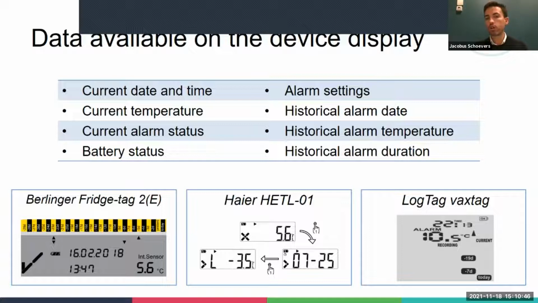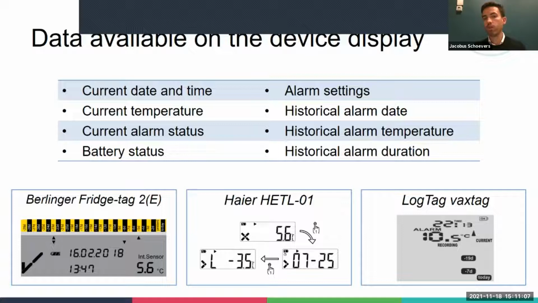And then if we go over to the LogTag VaxTag, you can see similar data displayed on one screen once again. In the middle of the screen, you can see that the current temperature is 10.5 degrees Celsius. Just above that, you can see that the device is in alarm status. It shows you alarm.